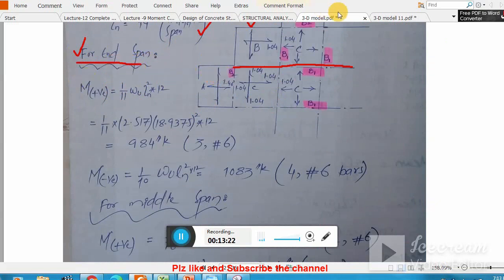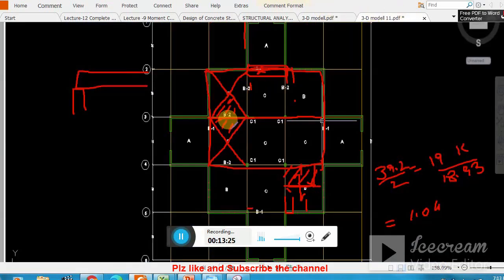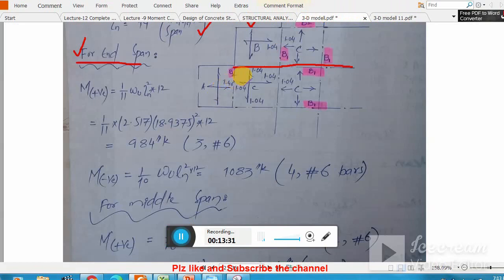Remember, we are designing this end span. This is my end and this is my interior. So I am designing for this middle moment.